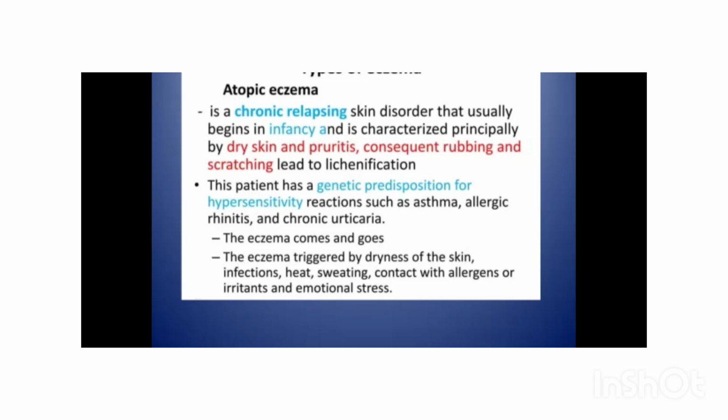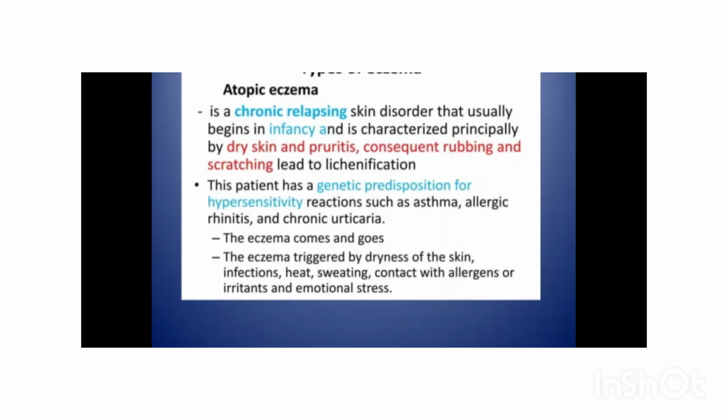The triggering factors that cause atopic eczema are dryness of the skin, certain infections, sweating, some allergic agents, and even stress. All these contribute to atopic eczema. So atopic eczema is a chronic skin disorder which reoccurs. The clinical features are dry skin and pruritus, which lead to lichenification of the skin.